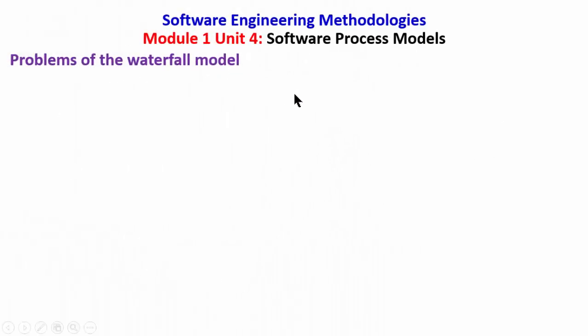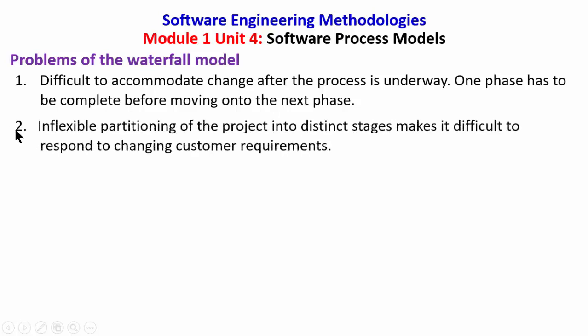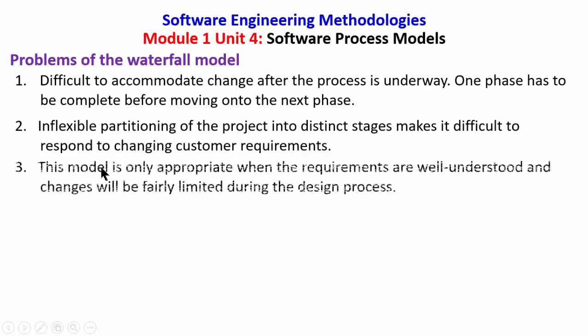Problems of the waterfall model. 1. Difficult to accommodate change after the process is underway. One phase has to be complete before moving on to the next phase. 2. Inflexible partitioning of the project into distinct stages makes it difficult to respond to changing customer requirements. 3.